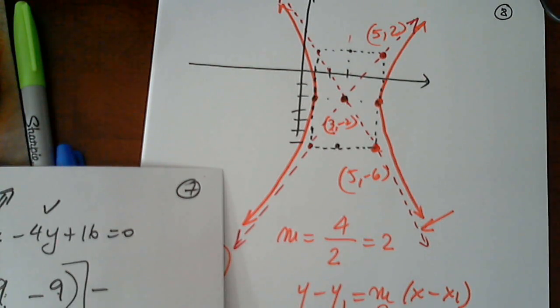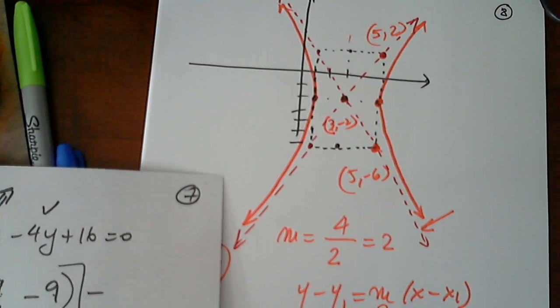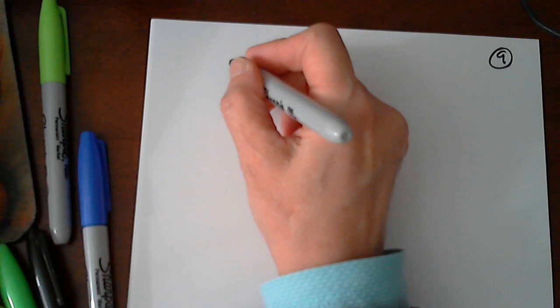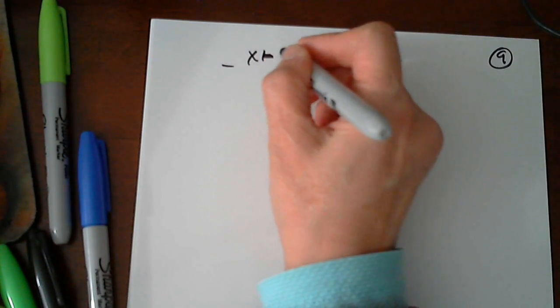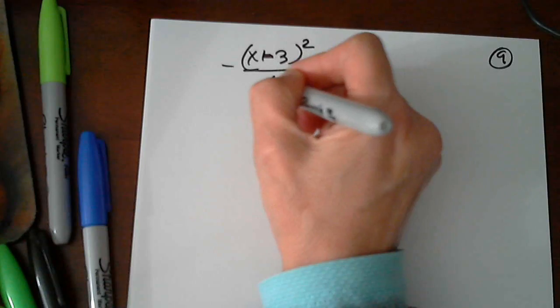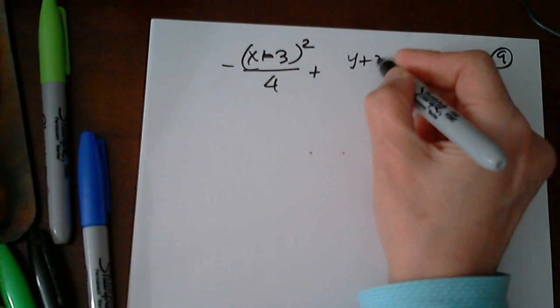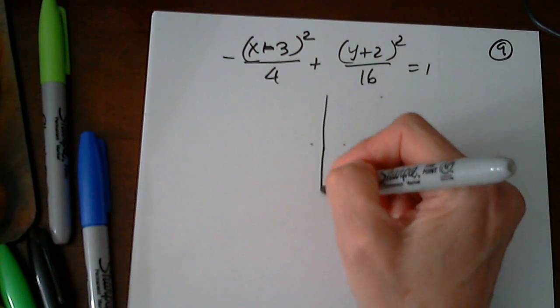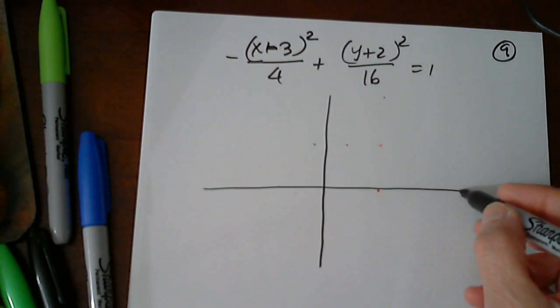Okay, so say if these variables were flipped, so it was y first in the equation, and the same hyperbola, would the box be the same or would it be rotated? So if we have minus (x minus 3) squared divided by 4 plus (y plus 2) squared over 16 equals 1, the center will not change.